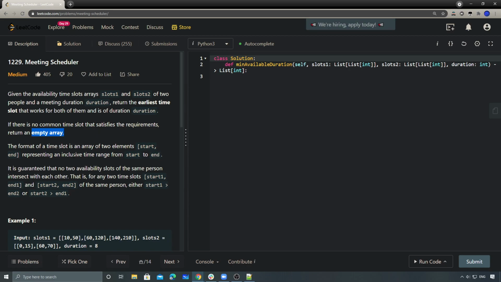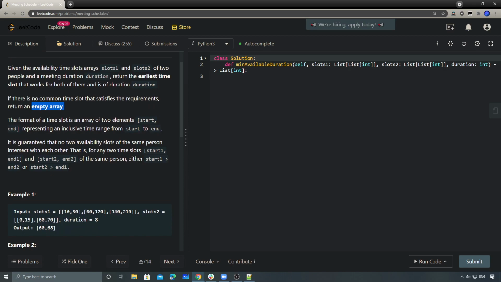Here, it is guaranteed that no two available slots of the same person intersect with each other. So what does it mean? It means that for each person, the intervals can only be like this. None of the two intervals will be overlapping with each other.